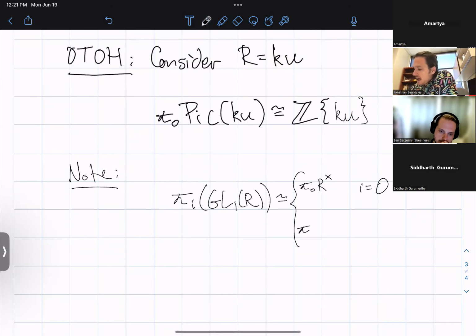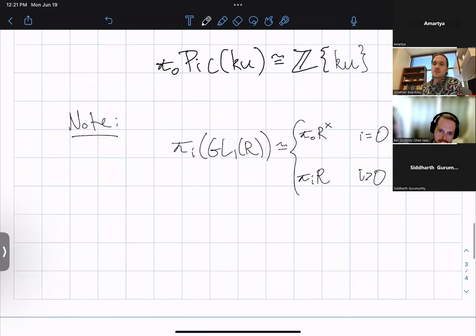And then for higher homotopy groups, it's just pi I of R, because those are the homotopy groups of loops infinity R. So that tells me that literally knowing the homotopy groups of GL1R is the same as knowing the homotopy groups of R itself.